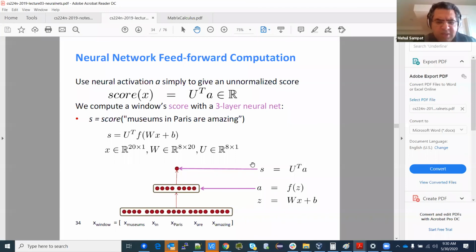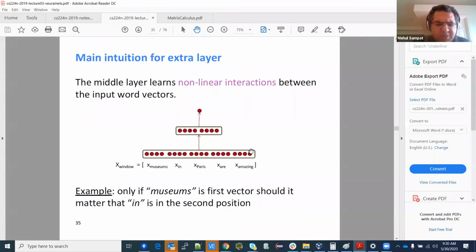So like we said, if it is a location, you want a higher score, right? So in this case you have one hidden layer, and he talks about this intuition that the main idea of adding this hidden layer is to capture nonlinear interactions between the input words.